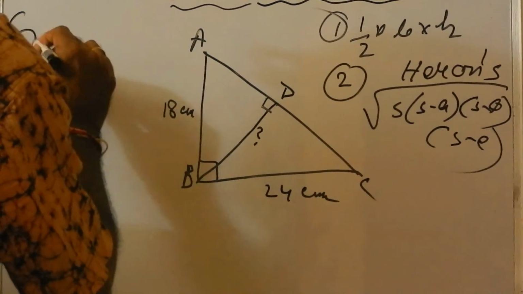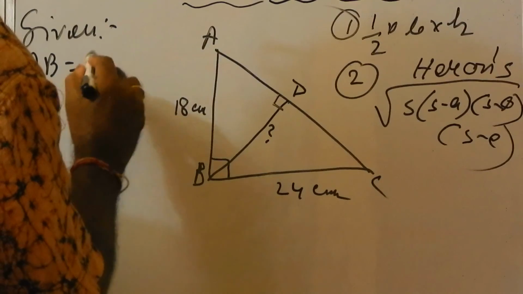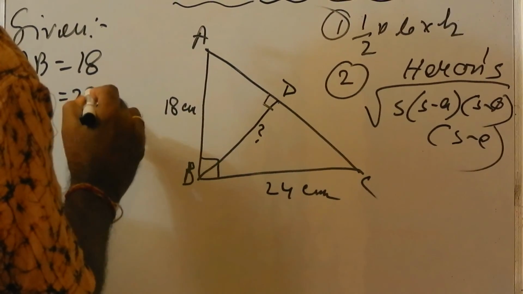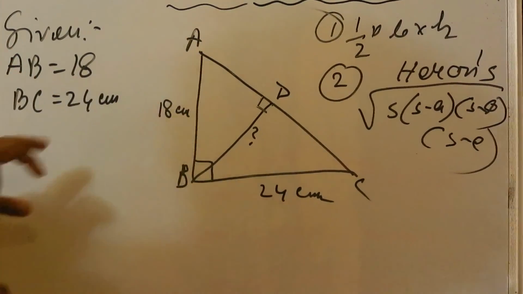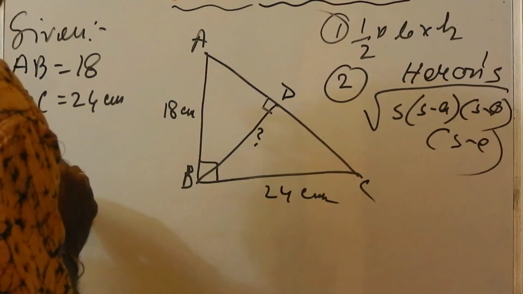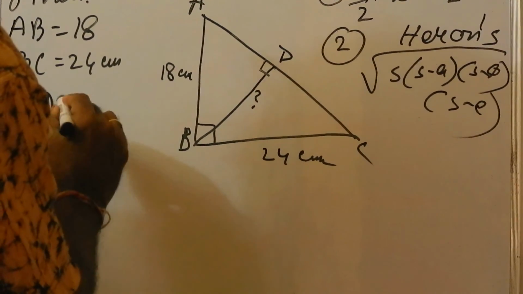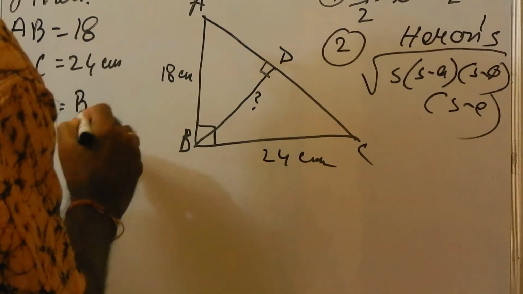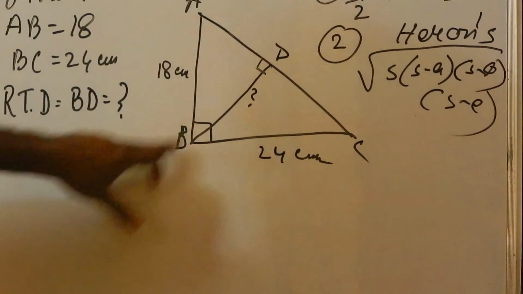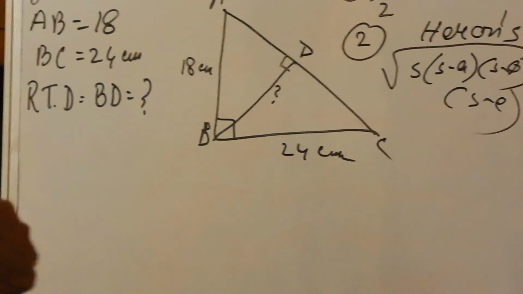Now what is given here? AB equal to 18, BC equal to 24 centimeter. What are we required to find out? The length of BD.